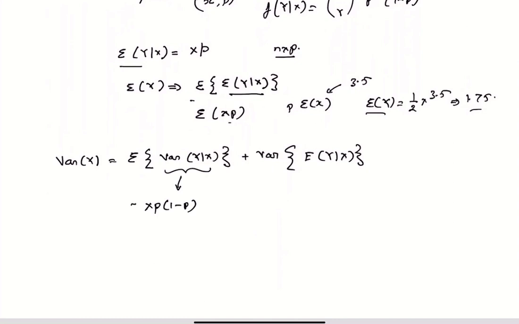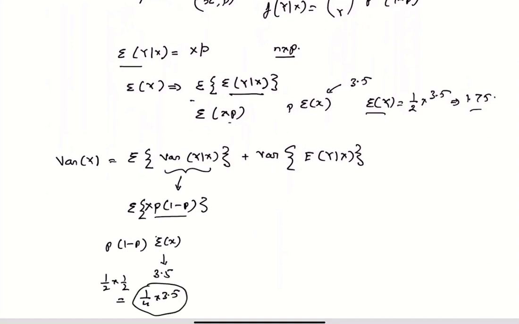Since p(1 minus p) is constant, it comes out, and then you get just the expected value of x, which is 3.5. That is 1 by 2 times 1 by 2, which is 1 by 4, times 3.5.